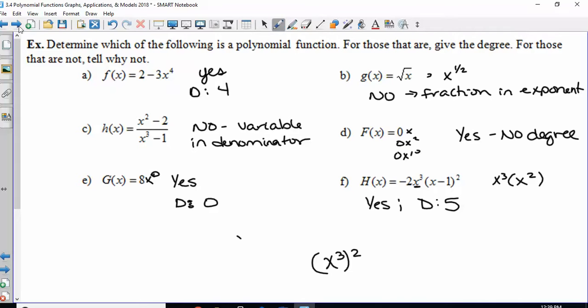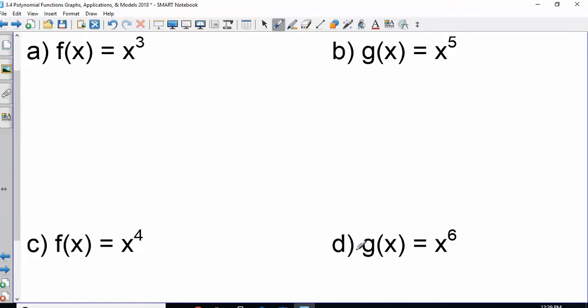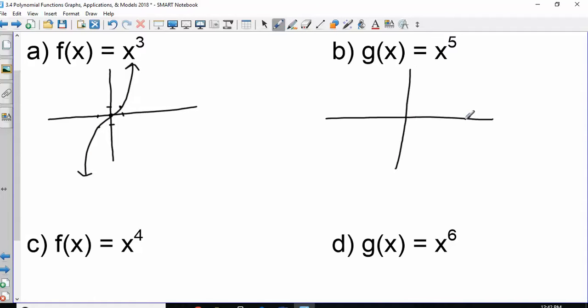Alright, what I want you guys to do is take a minute, grab a graphing calculator, and just draw a really rough sketch of each of these graphs. Doesn't need to be anything fancy. So what do you notice about A and B?